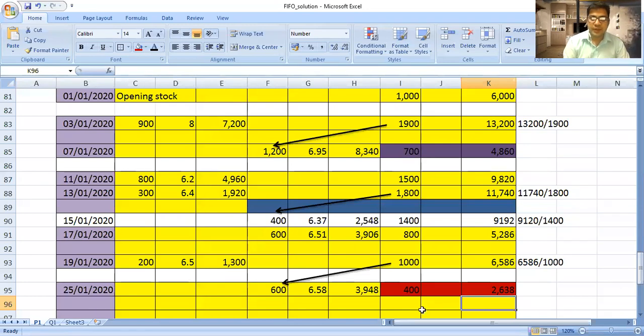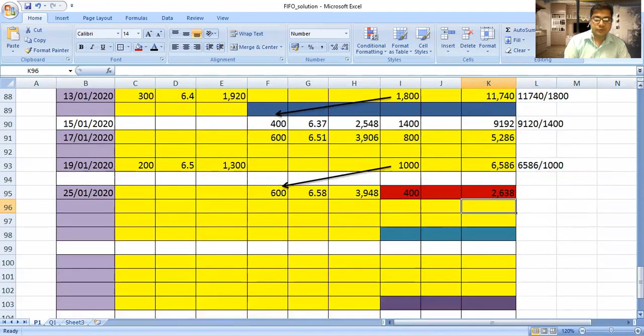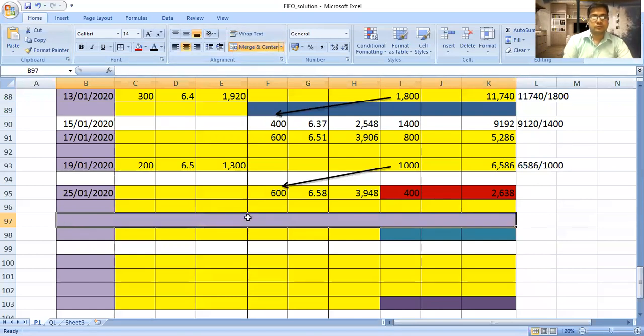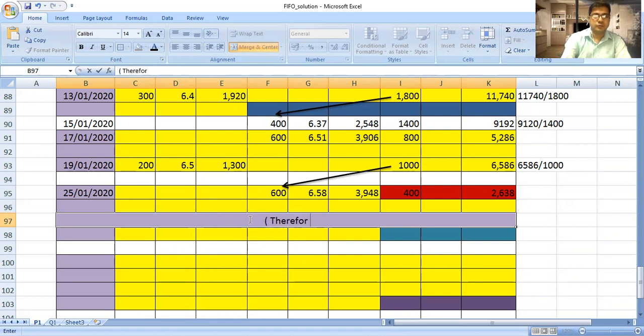I hope you understood how we will calculate the closing balance. Then after that, you can write here: therefore closing stock as on 31st January 2020, that is 400 units at the rate rupees 2638.